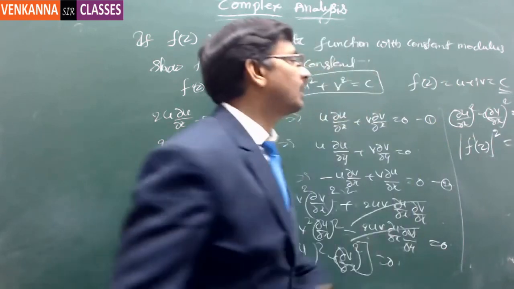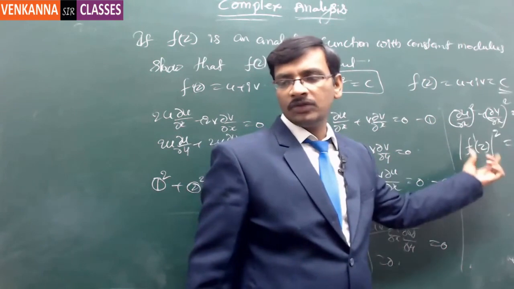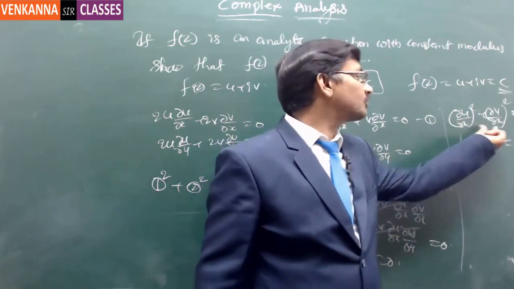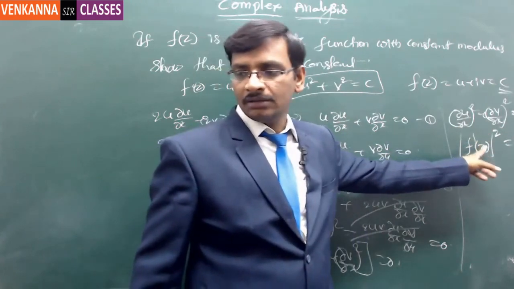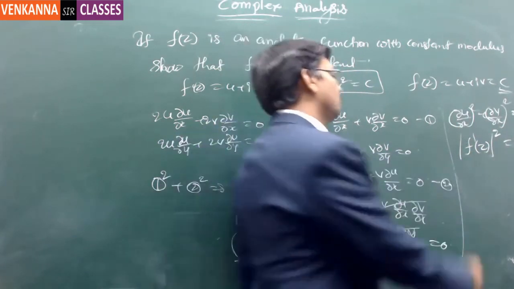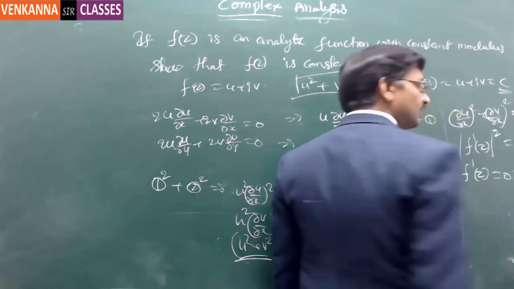Got it? Because f dash of z is equal to ∂u/∂x plus i times ∂v/∂x. Now the modulus of it is the square root of (∂u/∂x)² plus (∂v/∂x)². If you square it, it will be equal to 0. That means the modulus of f dash of z is equal to 0, hence f dash of z is equal to 0.